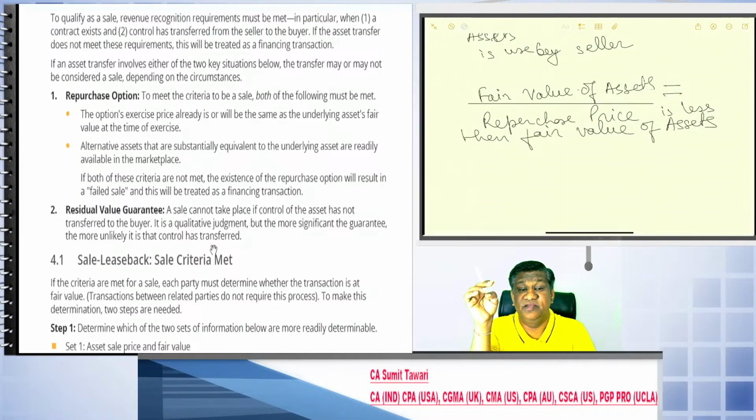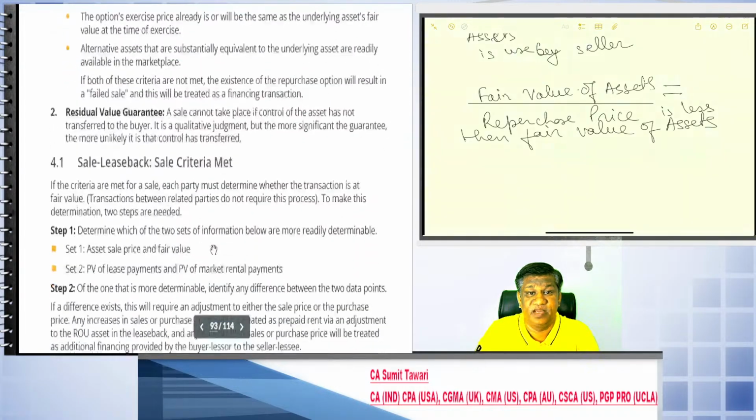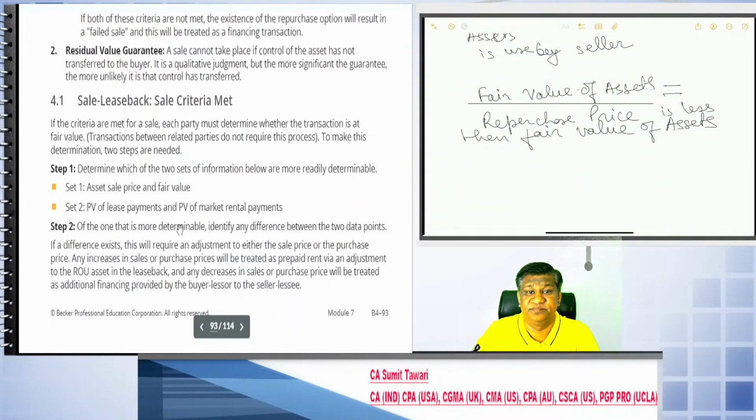And if the assets are readily available in the market, in that situation also we need to consider the sale transaction. If we are giving a residual value guarantee, that means we want to repurchase again at a certain price. So if there is a residual value guarantee, then we need to consider the financing agreement, because the asset has not been transferred.